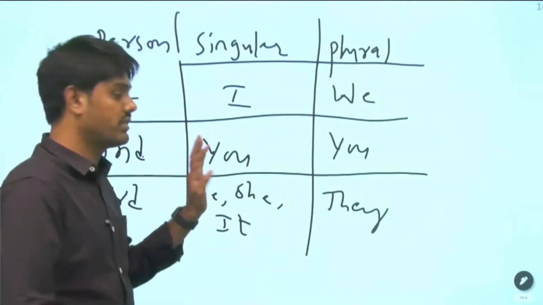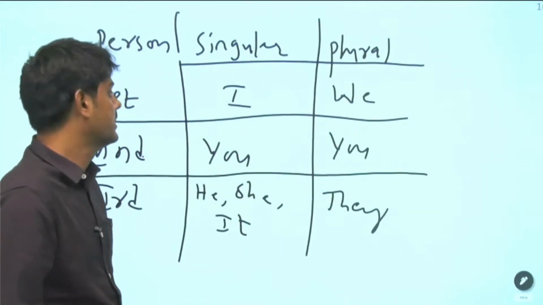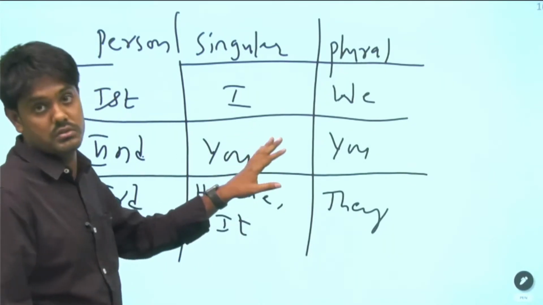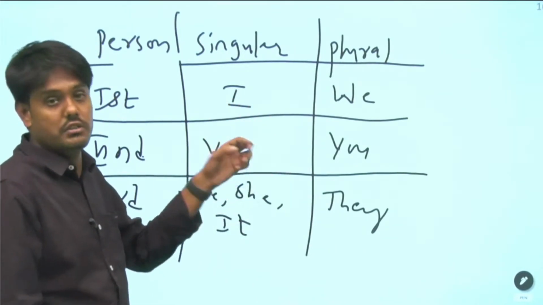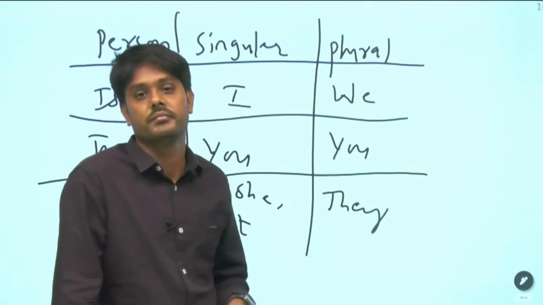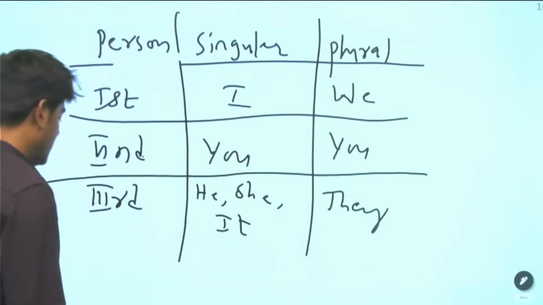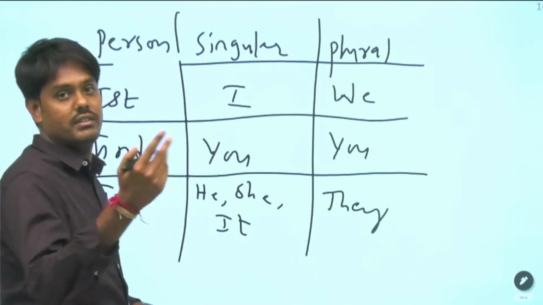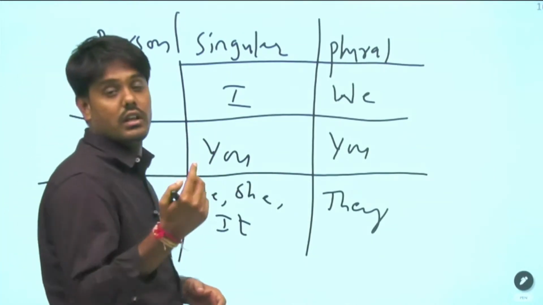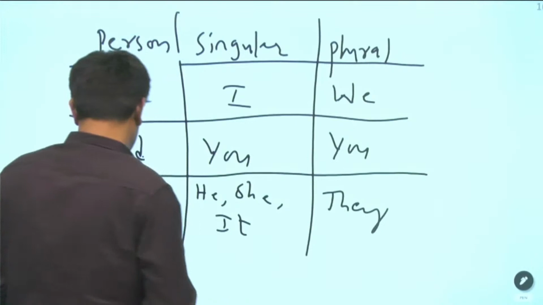So these are the different types of persons. We have to use these in the subject place. So subjects I have explained, and verb forms also I have explained. Helping verbs, I will explain structure-wise. So now let us discuss simple present tense today.